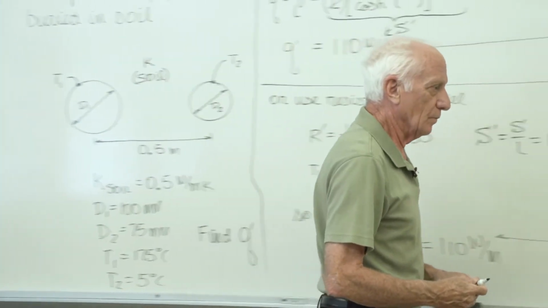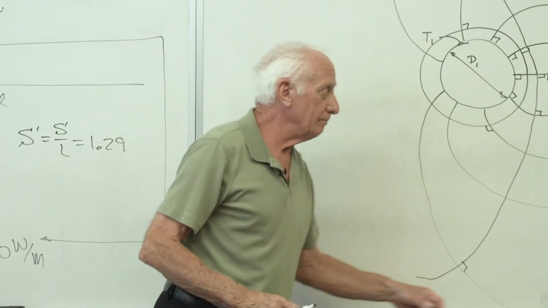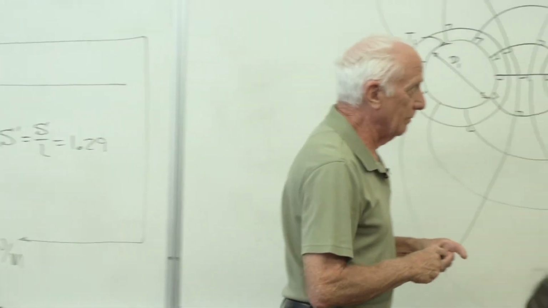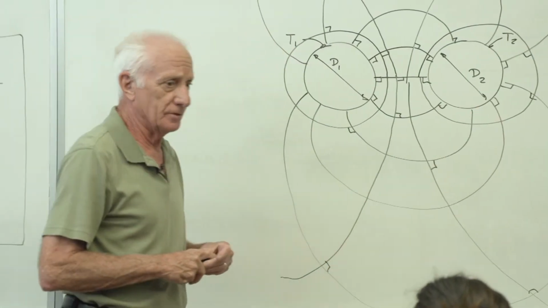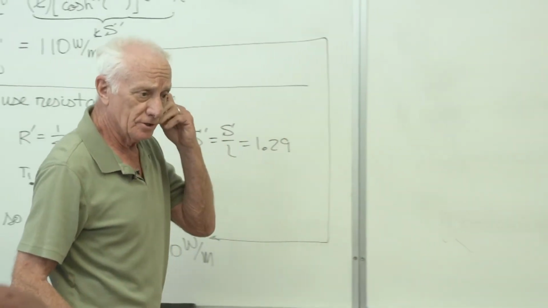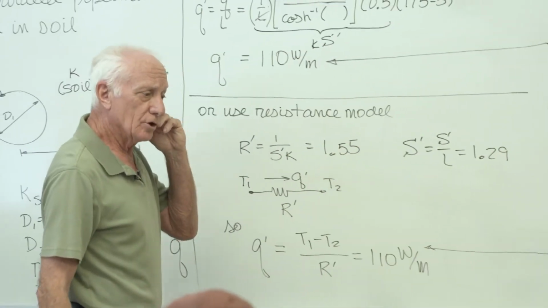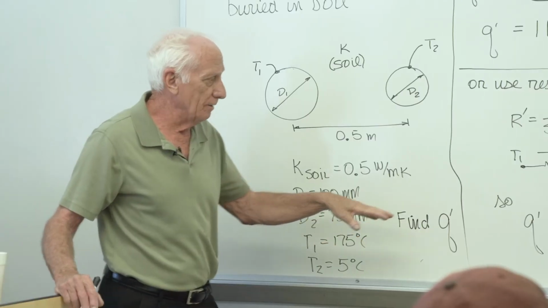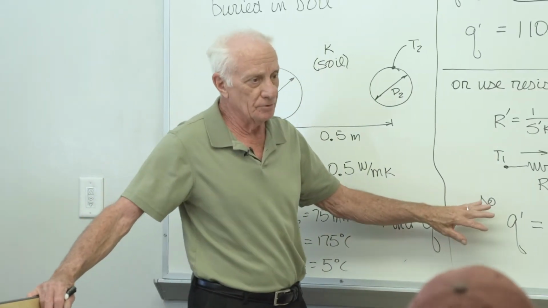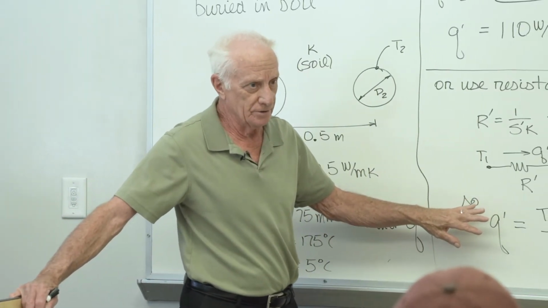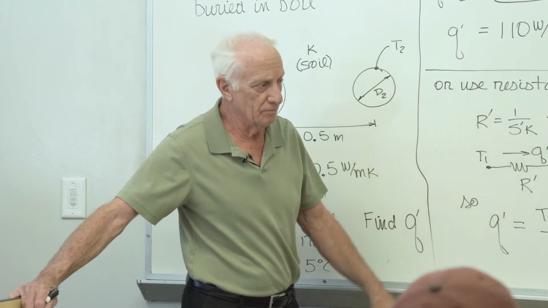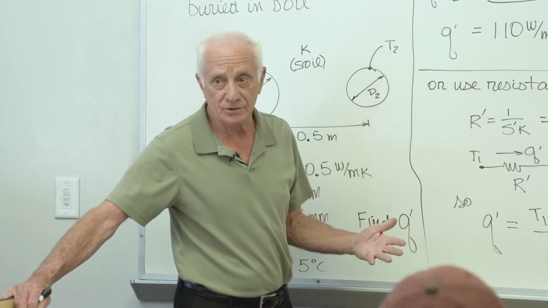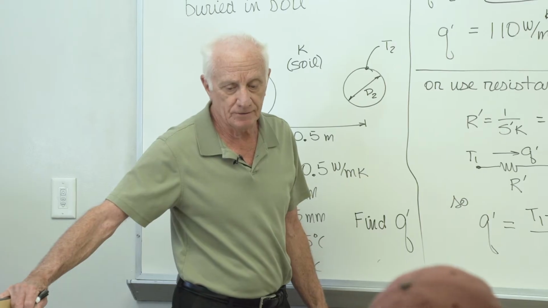When is it helpful? Well, maybe a problem involves convection on a surface. Is there a resistance for convection? Oh yeah, 1 over HA. So this resistance model might be very useful on problems where there's convection on a surface in this 2D heat transfer. So that's when you might use that particular resistance, okay.